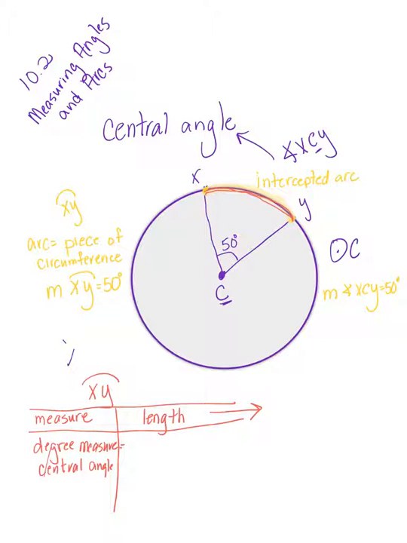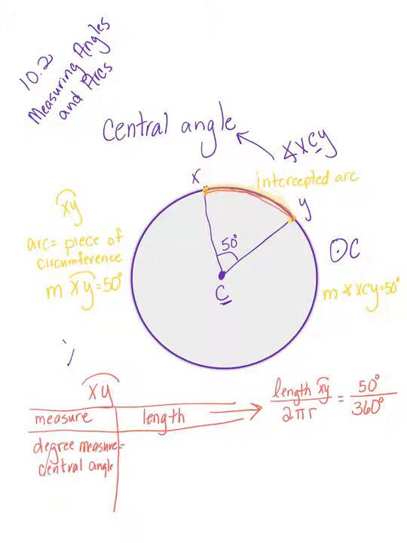We say that the length that we're looking for, so in this case the length of arc XY, is to the entire circumference, which is 2 pi r or pi d, as the central angle's measure is to the entire degree measure of the circle, which is 360.